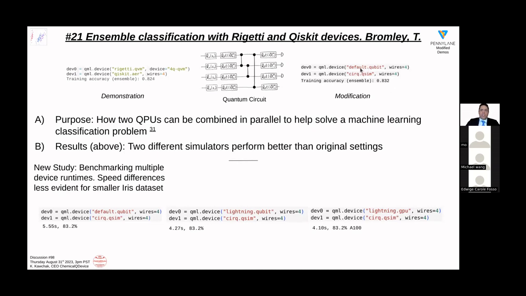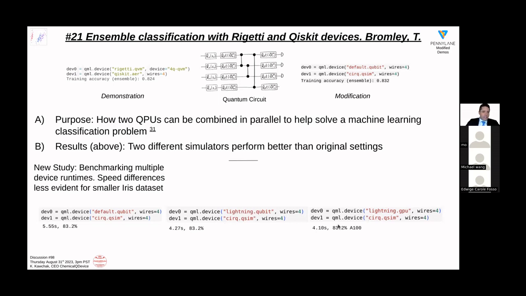Last time I had changed this to the default.qubit and the cirq.qsim, and then got a little higher. And then this time I wanted to see speeds, right? So benchmarking. I benchmarked this, and this upper right hand one went from 5.5 seconds down to 4.27, switching to lightning.qubit.